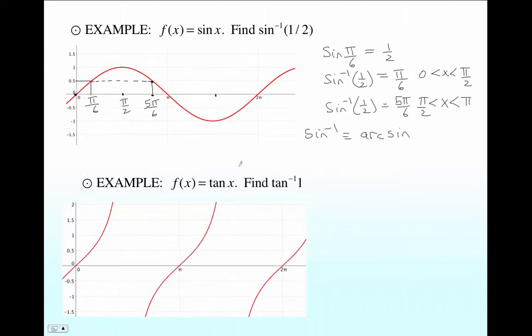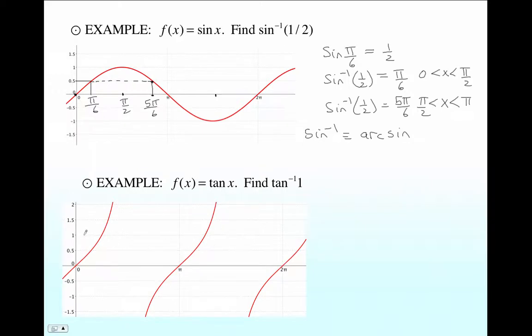Let's go on to the tangent. So here is f of x, which is tan of x, and tan of x also repeats. You can see it repeats over here with a periodicity, because tan of x is sine of x over cosine of x.